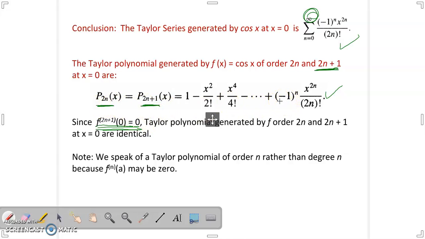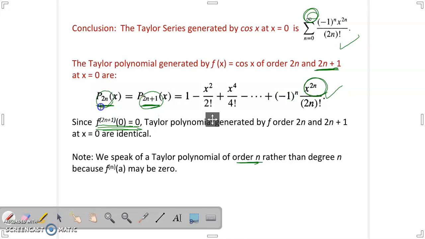So here you need to notice that we speak of the Taylor polynomial of order n and not the degree, right? Because you see here order is 2n, here order is 2n plus 1, but degree is 2n. So we cannot say that if the polynomial is of order 2n plus 1, it should have degree 2n plus 1. No, it could have lesser degree also.